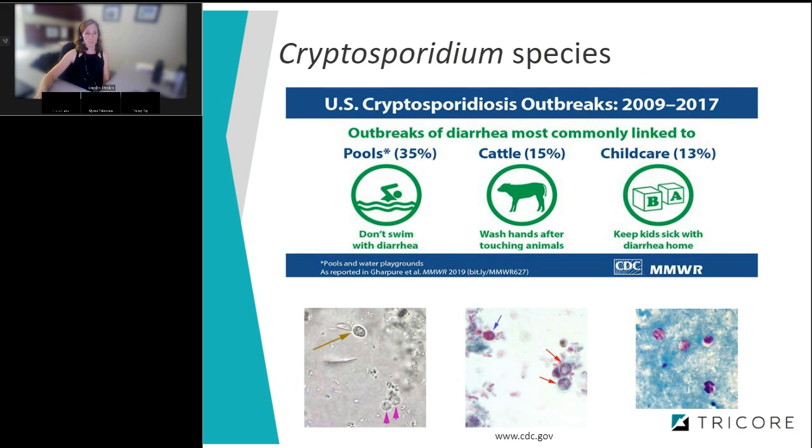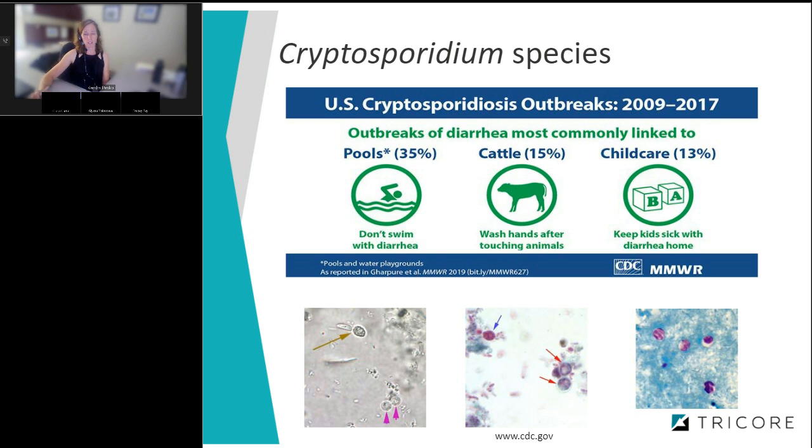So I'll talk about Cryptosporidium species first. Most outbreaks of cryptosporidiosis in the U.S. are related to pools, water parks, splash pads, other shared water areas. So a really important point here is to not swim when you have diarrhea.